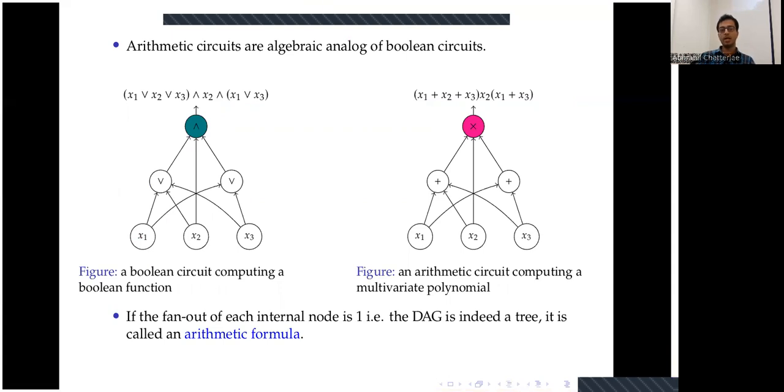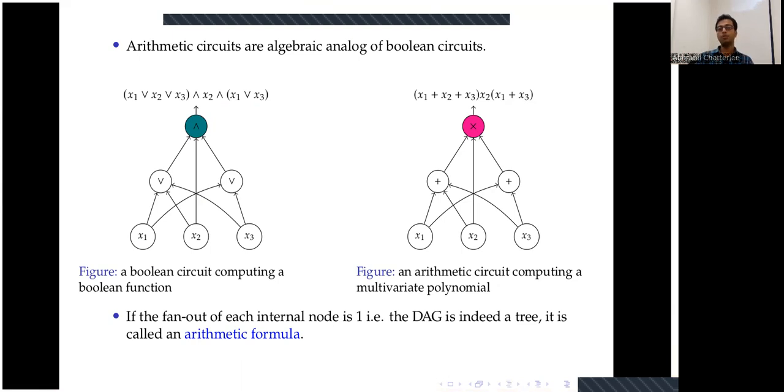In Boolean circuits, we have some input nodes labeled by variables, and the internal nodes are labeled by OR gates and AND gates, and there is a designated output node which is computing the Boolean function. Just like that, in an arithmetic circuit, we have input nodes labeled by variables, and the internal nodes are labeled by basic arithmetic operations like additions and multiplications.